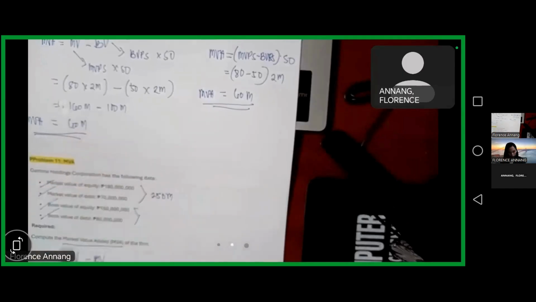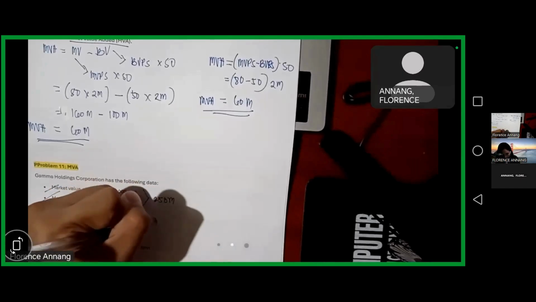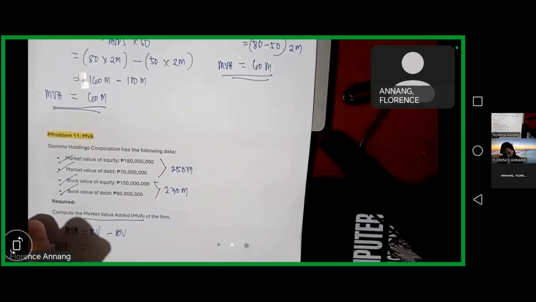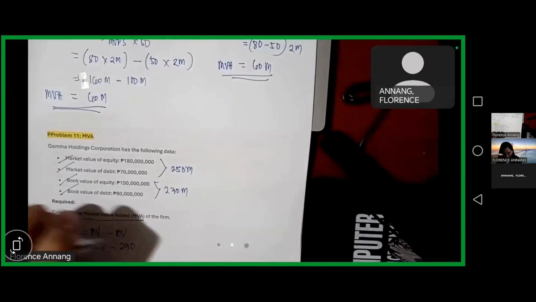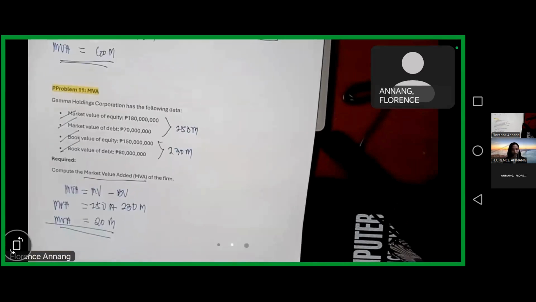Magkano yung ating book value? 150 plus 80 million, 230 million. So how much is our MVA? 250 less 230 million, you get 20 million market value added. Okay.